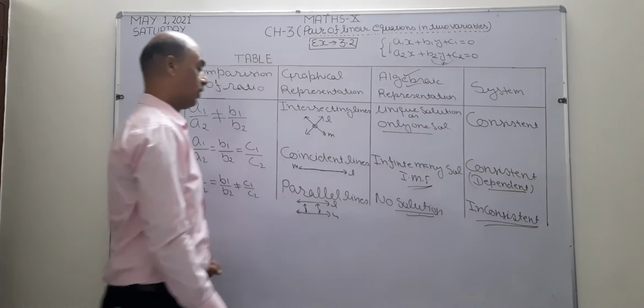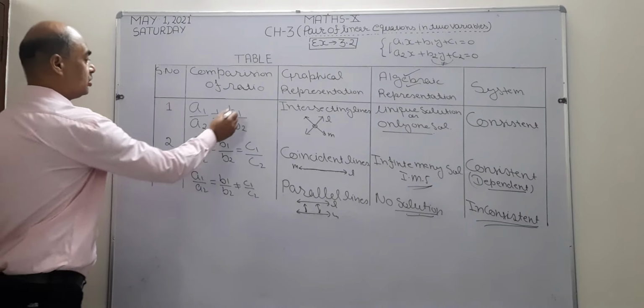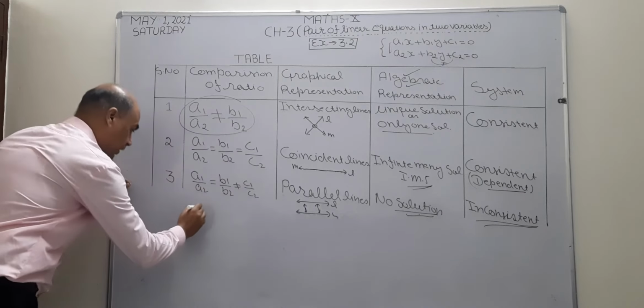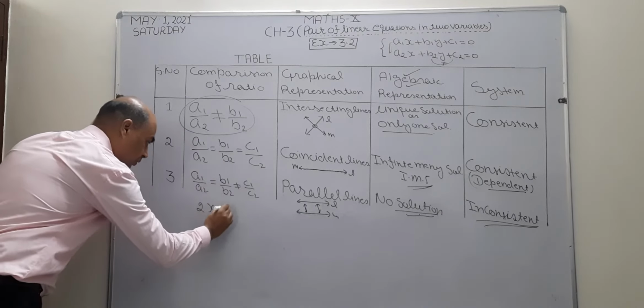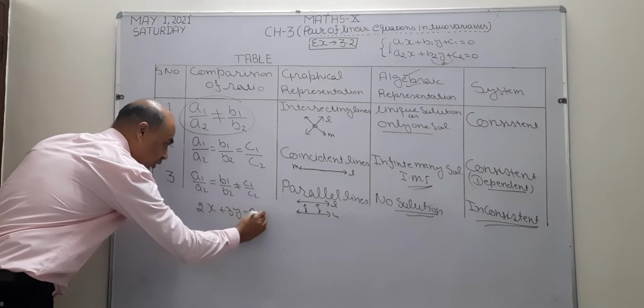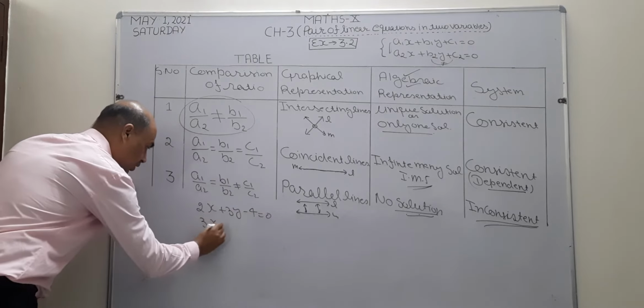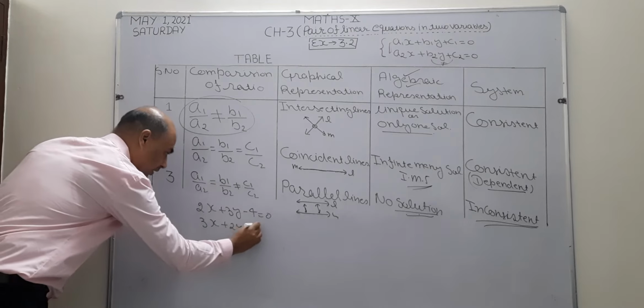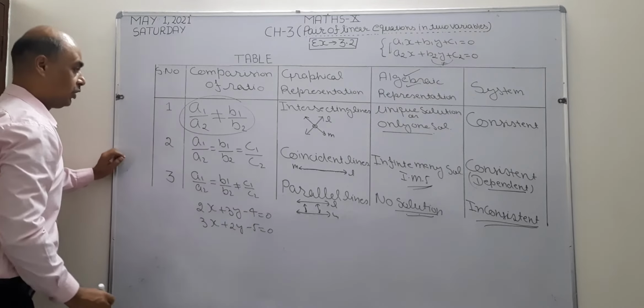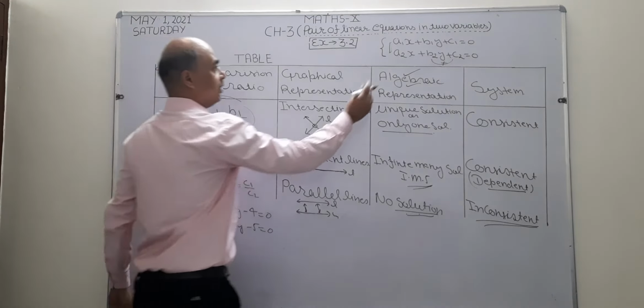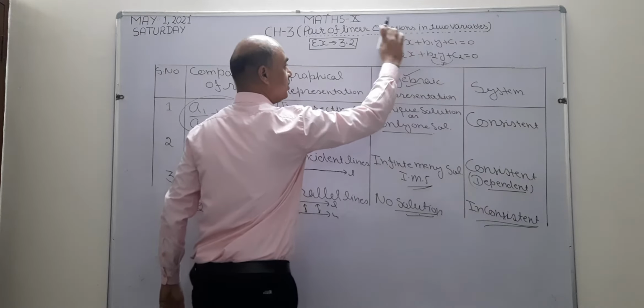Now I want to show with one example. See, I want to discuss this. I write here one pair: 2x plus 3y minus 4 equal to 0. Second, I write 3x plus 2y minus 5 equal to 0. Now see, I am going to find its ratio. Coefficient of x is known as A1 by A2.